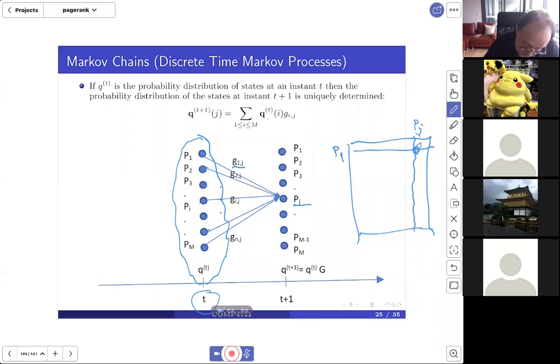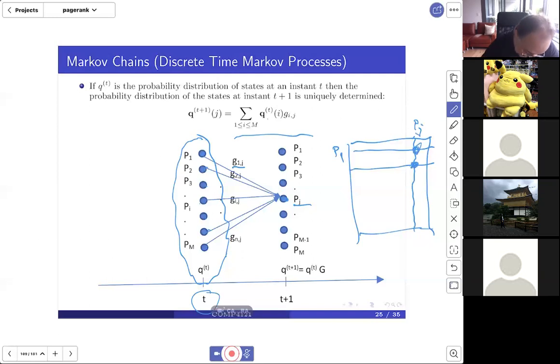If you are at P2, then this will be the probability to end up at Pj, and so forth. So this column will give you these probabilities, and of course, the total probability to be in Pj is the sum of probability to be at P1 times making the right click, probability to be at P2 and make the right transition, and so forth, up to probability to be at the last web page on the web times probability to make transition to Pj, which is precisely this.